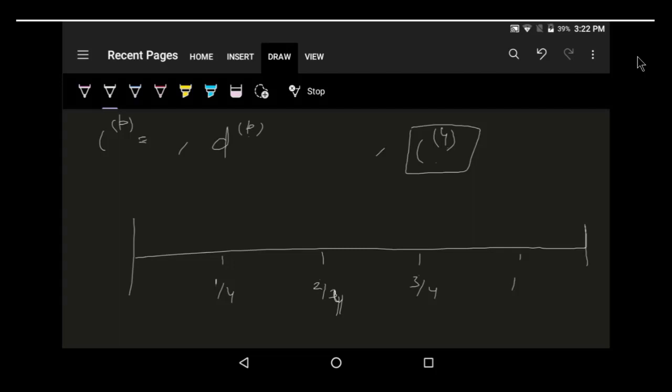So I will pay interest here, here, here, and here. And when I am paying by the discount rate d(4), it means I will pay discount 4 times in a year at the beginning of each time period, that is at the beginning of each quarter. So I will pay a discount here, here, here, and here.